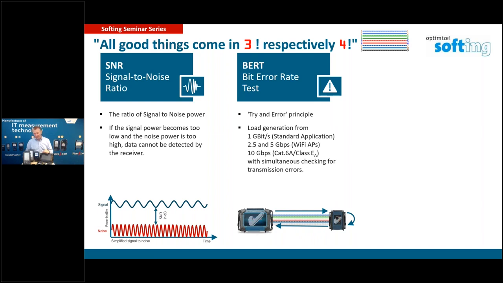And if everything is okay with the data, it will say yes, okay, pass. Of the sent data, only 0.1% can be damaged, and it will be okay. If it is more than 0.1%, it will say no, sorry, it's a failure, so it will not pass the test.